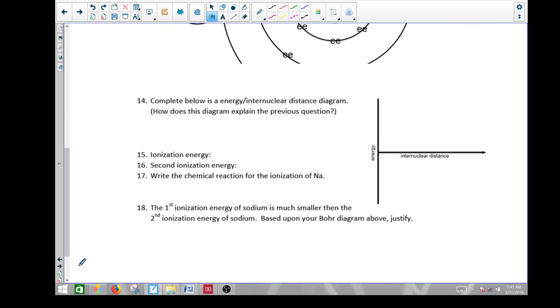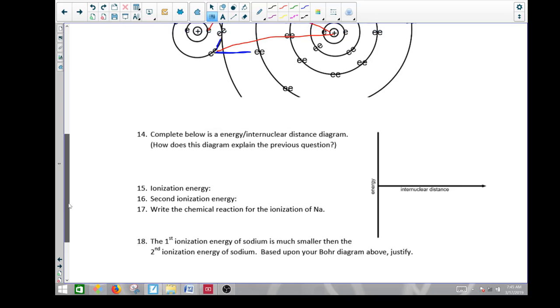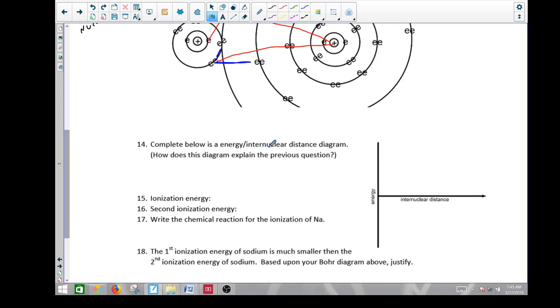So in the below is an energy diagram, energy versus internuclear distance. How does the diagram explain the question? Okay, so in this case, when the atoms are really far apart, they're obviously going to attract. And the lower you get, the bigger the attractive forces get. The higher you go, the less stable it is. So the lower you go, the more stable, lower energy. In super far away, essentially we have no attractive forces.